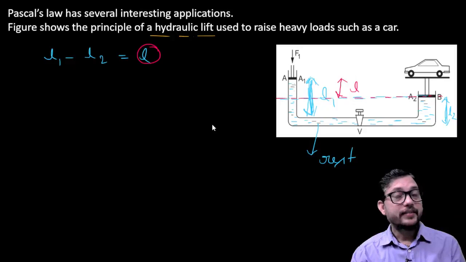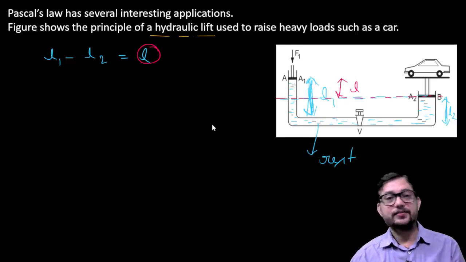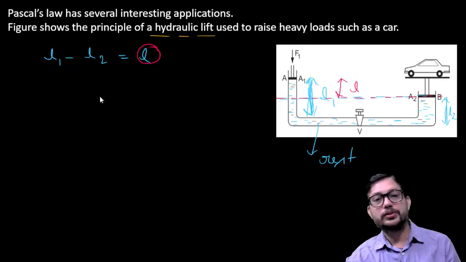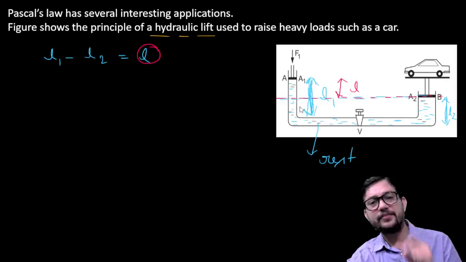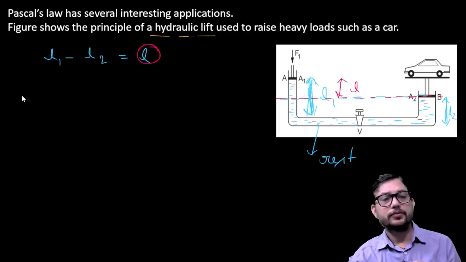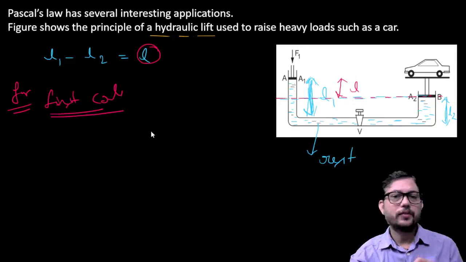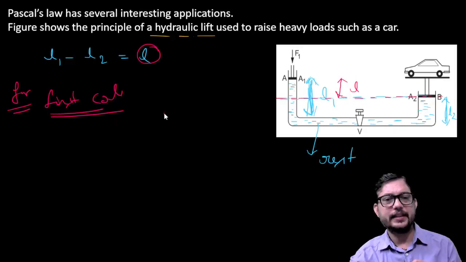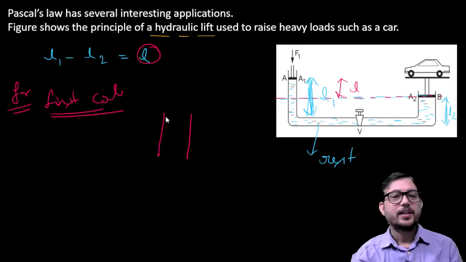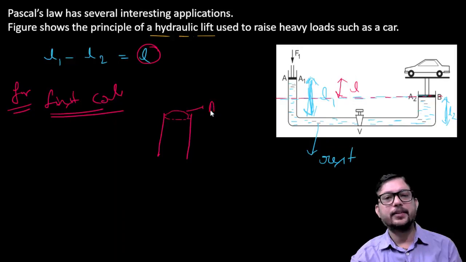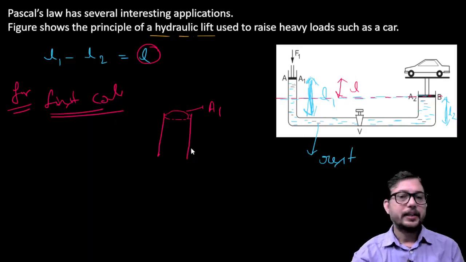Now the interesting thing is that we have already told you about a liquid column. So firstly let's look at the first column. For the first column, as you can see in the picture, the area of cross section is given as A1.